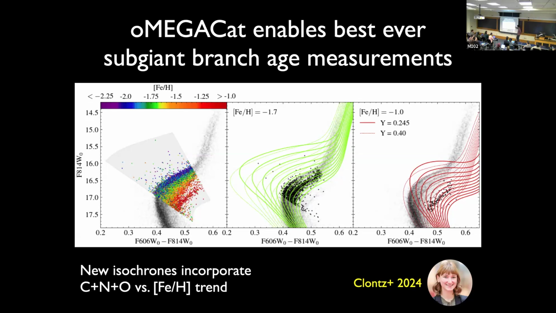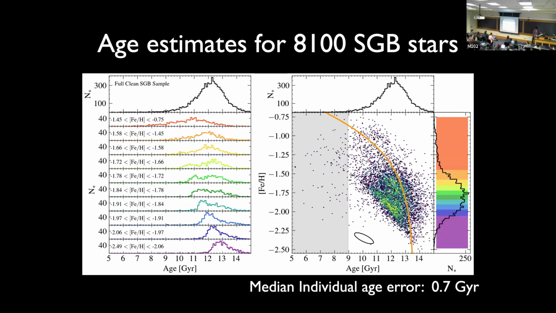What's shown in this right-hand plot is that the solid lines are the helium normal stars, and the dashed lines are helium enhanced, and in this filter combination they fall pretty close to on top of each other. So they're close enough that helium variations aren't a significant contributor to our uncertainty. So we're able to measure individual ages for 8100 subgiant branch stars.